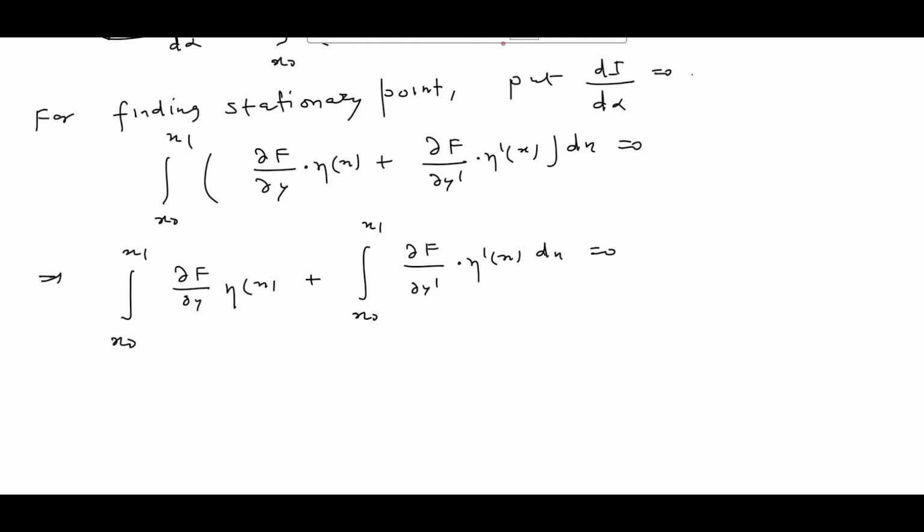So now use integration by parts. As we know, the integration of u multiplied to v dx is equal to: take u as the first function and v as the second function. Take u outside, take the integration of v dx, negative, take the derivative of the first function, take the integration of the second function, and take the whole integration dx.